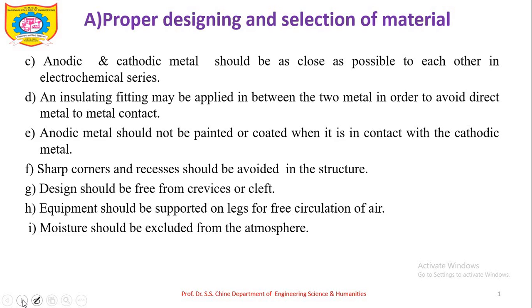So in case of zinc and copper, there will be severe corrosion of zinc as compared to iron and copper. So we have to select anodic as well as cathodic metals that are closer to each other, so that there will be less difference in their electrode potential.